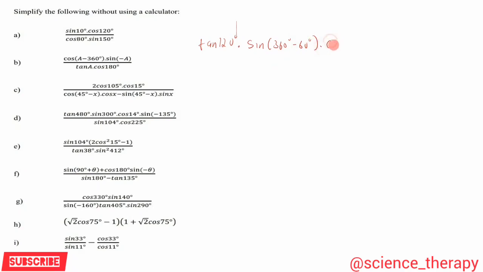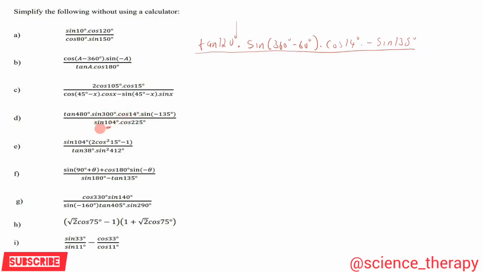Then times cos 14 degrees, and then sine of a negative angle here is negative sine 135 degrees, because sine of a negative angle is negative. Then over sine 104, which we can be smart about and write in terms of 90 plus theta, given that we have cos 14 degrees here.